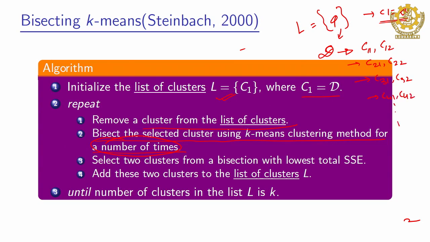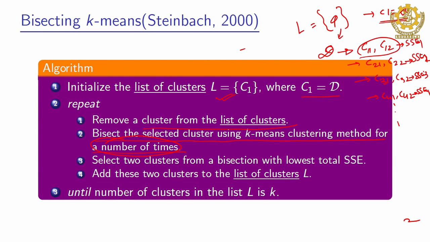For each clustering you compute the SSE, the sum of squared errors. We know how to compute the sum of squared errors. For each case we compute the SSE; let us say this is SSE 1, SSE 2, SSE 3, SSE 4 and so on.